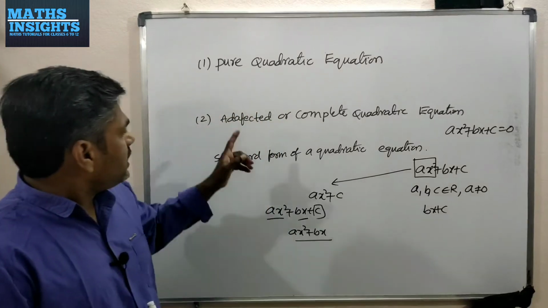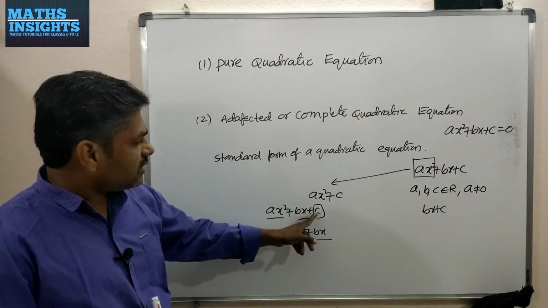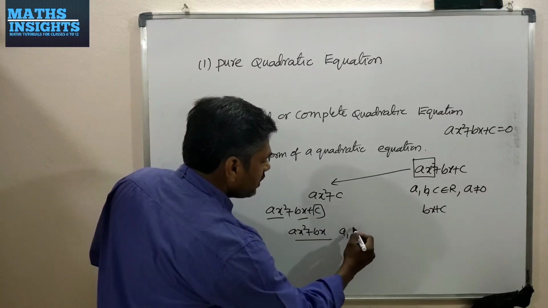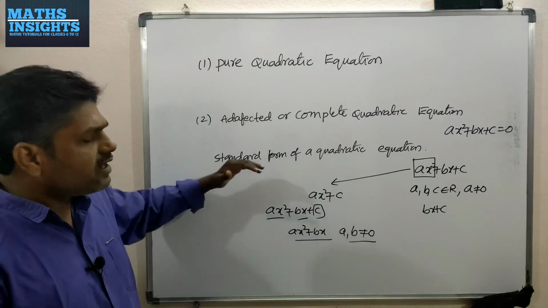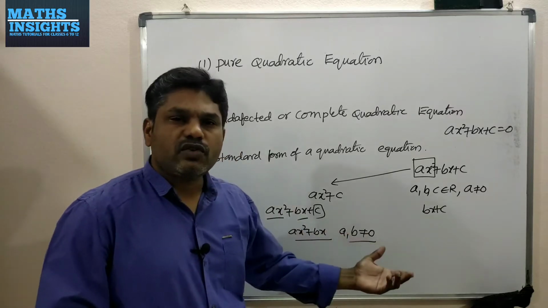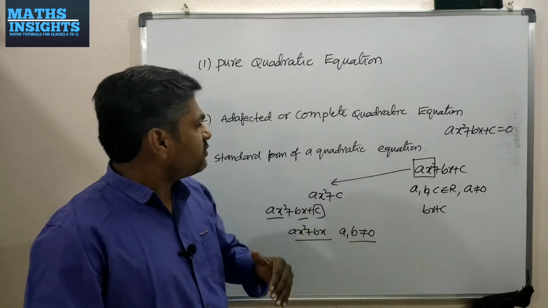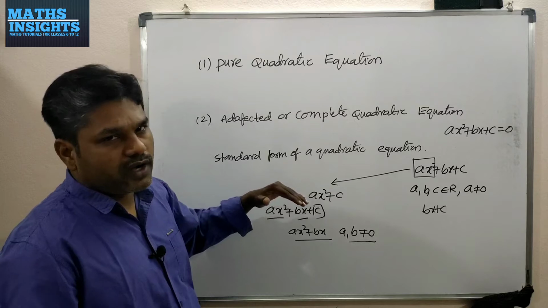In the unaffected or complete quadratic equation, definitely the constant will not become 0, and a and b should not be equal to 0. But in the standard form, b may be 0 but a should not be 0. So that is the main difference between the complete quadratic equation and the standard form of a quadratic equation.